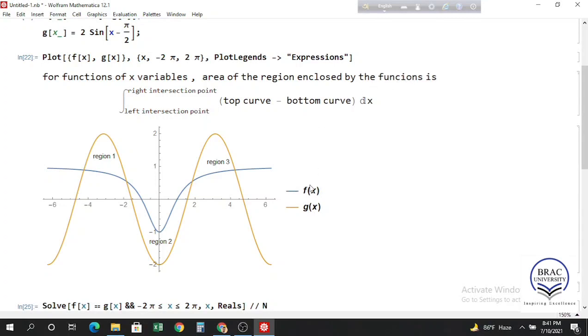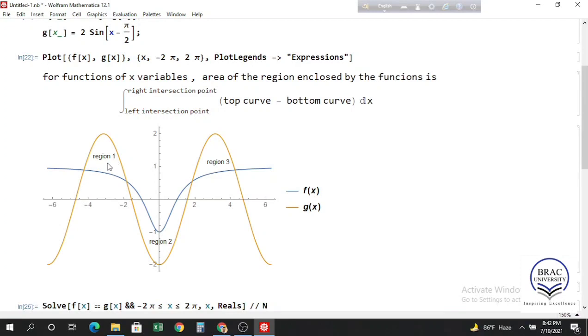The blue curve is f of x, and the orange curve is g of x. What are the regions enclosed by these two functions? We actually have three regions that are enclosed by the functions.